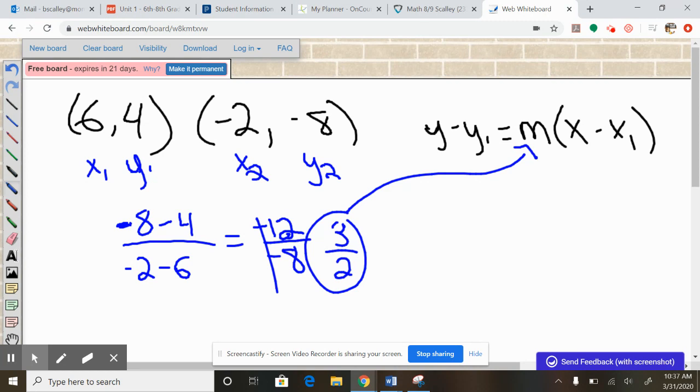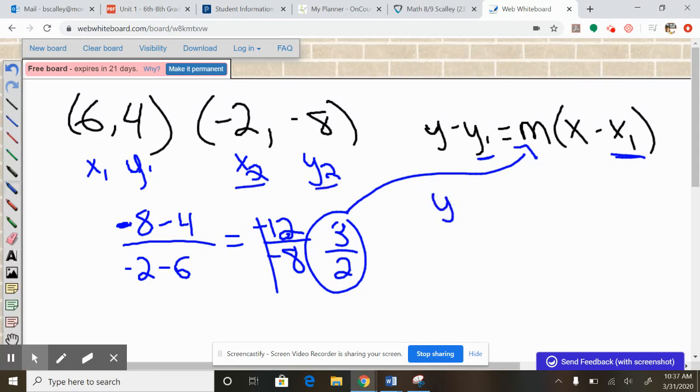The reason I wanted to make this second video is because I wanted to show you that even though the equation says x1 and y1, I can actually choose to use the x2 and y2 if I want. Really, that x1 and y1 spot is just for me to plug in any point that the line is going to go through. So just for the sake of showing you, I'm going to choose the x2 and the y2 to plug in.